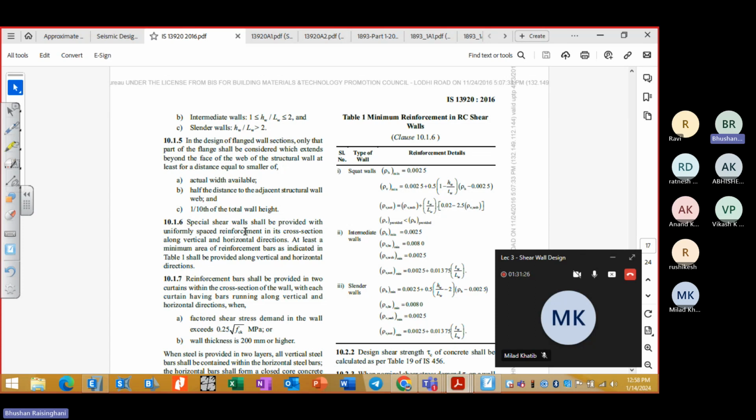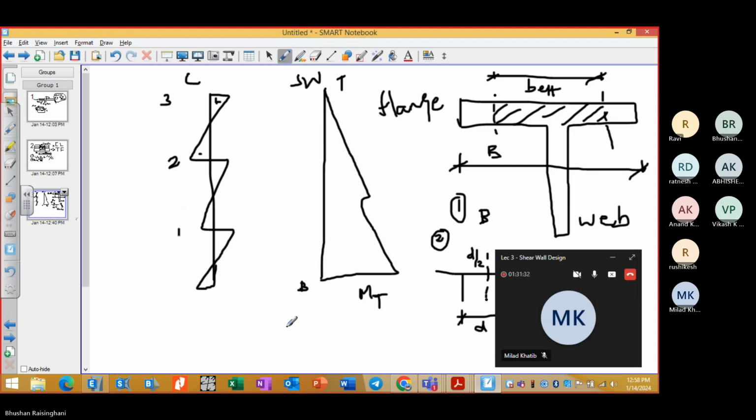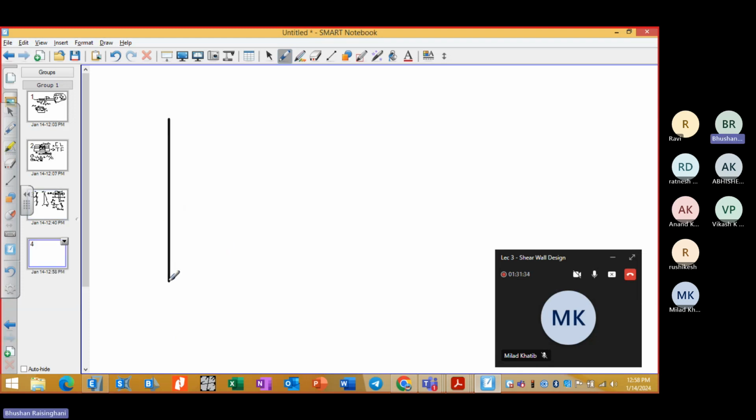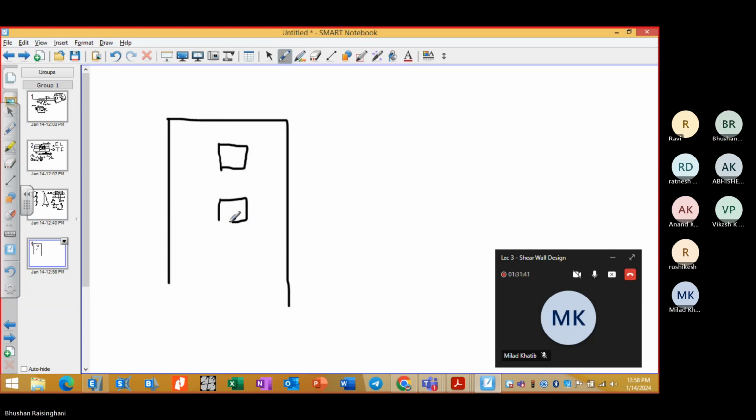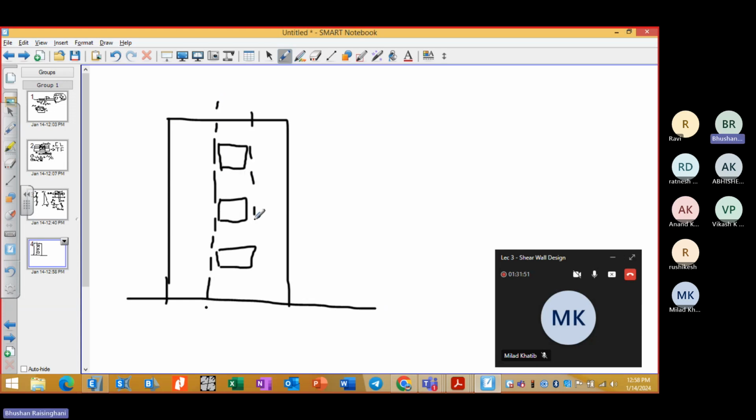So each shear wall will have a pier and a spandrel. So spandrel will come in a case that we have a shear wall and there is an opening in between. So this portion and this portion, both sides will act as a pier.